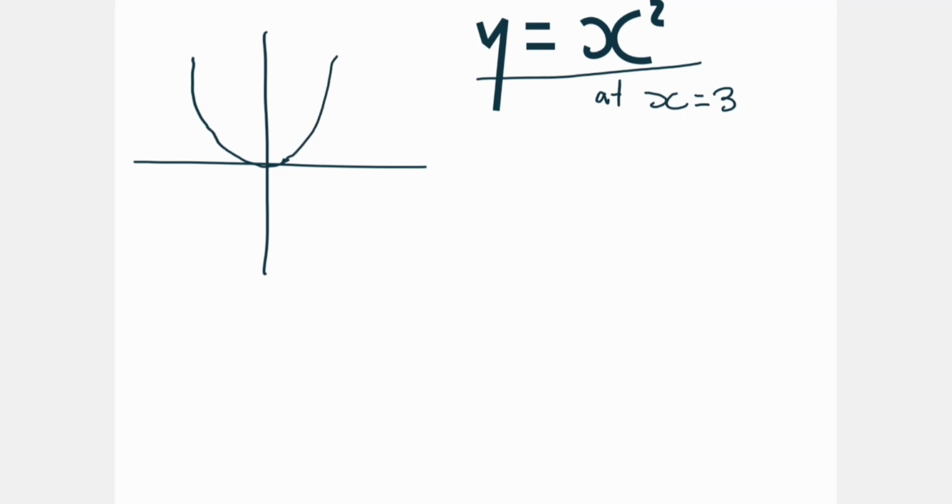Great. Now we have our x value. Our x value is 3, so we'll say 3 is here. But we need a y value. It says here that y equals x squared, so if x equals 3, y equals 3 squared, because 3 is x.